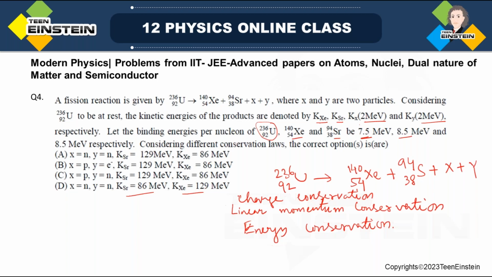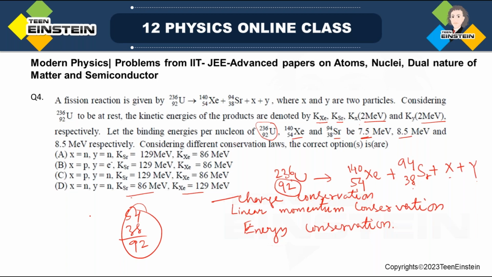If we go with charge conservation, let us see what should be the charges of X and Y. Here the total charge is 92, and in the product we already have 92, right? This is 38 plus 54, which is nothing but 92.